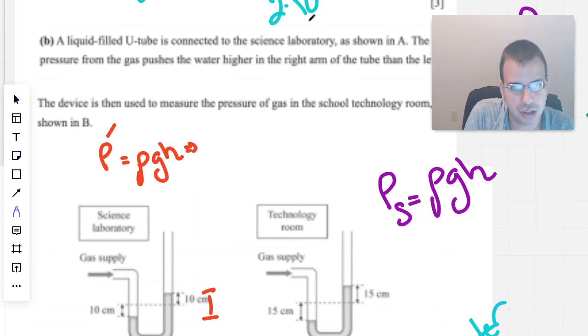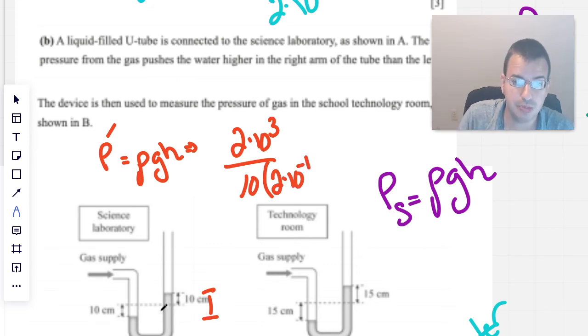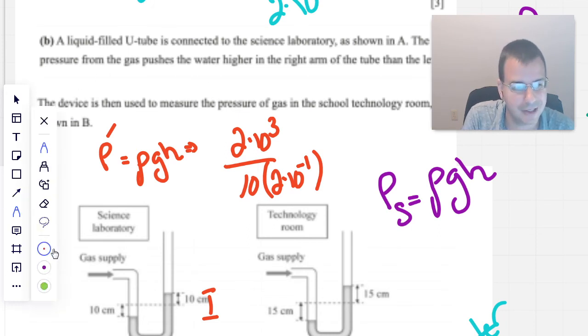We know the pressure because we just found it, 2 times 10 to the third. We know gravity, which I'm going to just say is 10. I know it's 9.8, but 10 is just convenient here. And then the delta h is 2 times 10 to the negative 1, so it's 0.2 meters, which I wrote like that, again, for convenience.